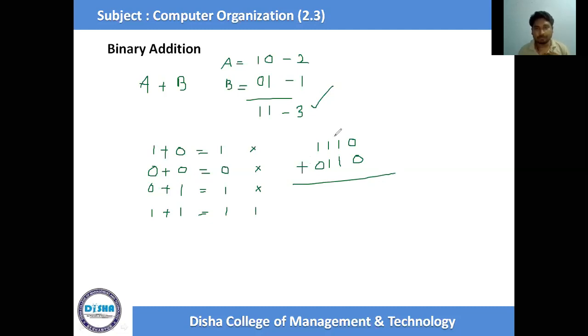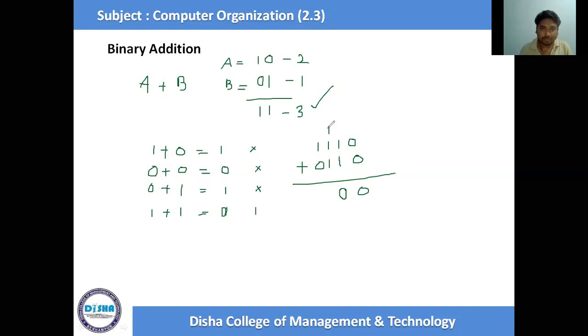It is a 4-bit number, and this is also a 4-bit number. 0 plus 1 is 1, and 1 plus 0 is 1. Sorry, it's my mistake, let me redo it. The sum is 0 here, carry is 1.